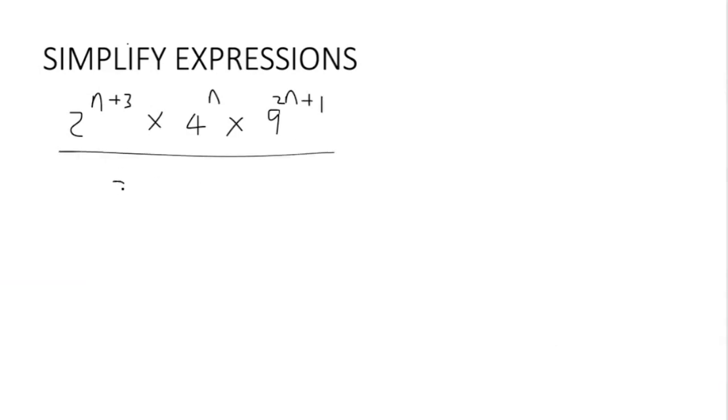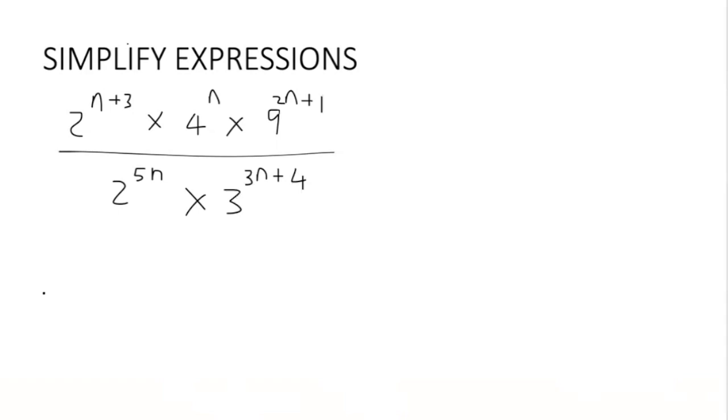Another example we can ask to simplify. Say we have 2 to the n plus 3 times 4 to the n times 9 to the 2n plus 1, all over 2 to the 5n times 3 to the 3n plus 4.